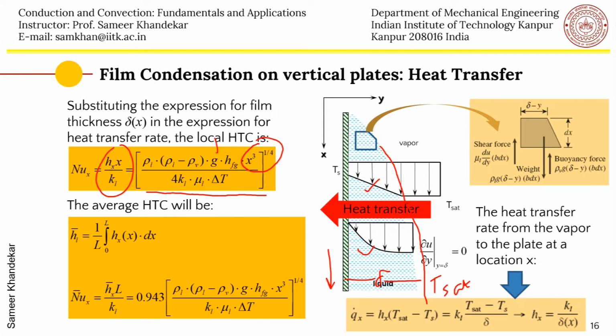And then once you know the local Nusselt number at each location, one can always integrate it along the length and get the average Nusselt number. So this is Nu bar x, and this is Nu x, which is the local value, and this is the average value along the entire plate. So when you have to design, you can take the average values rather than the local values.